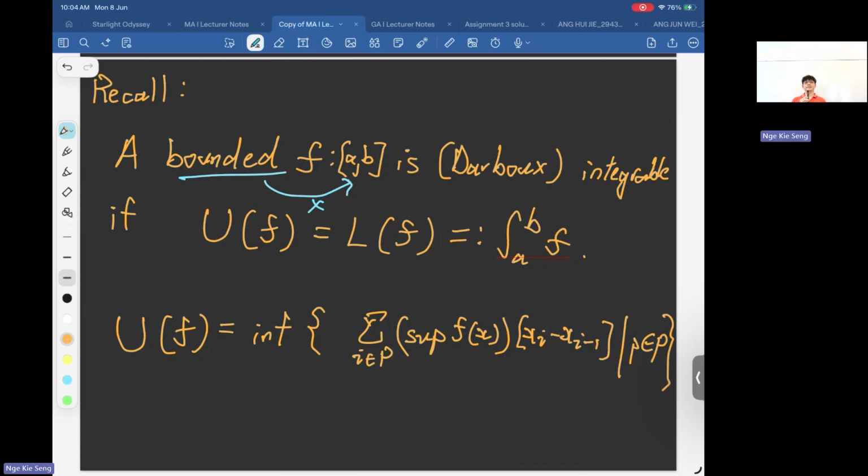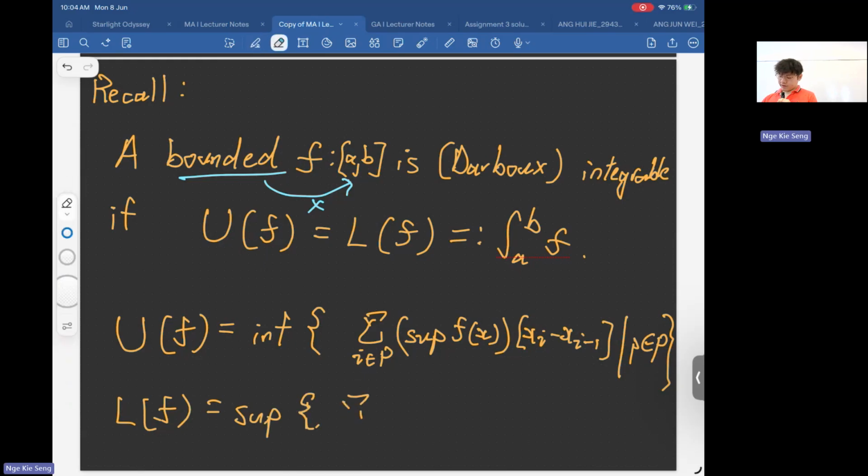Does this make sense? You look at all the partitions, and then you consider the UFP. And you look for the infimum, then you get the upper integral. Similar for your lower integral, it is the sup of the LFP. So how is LFP defined?